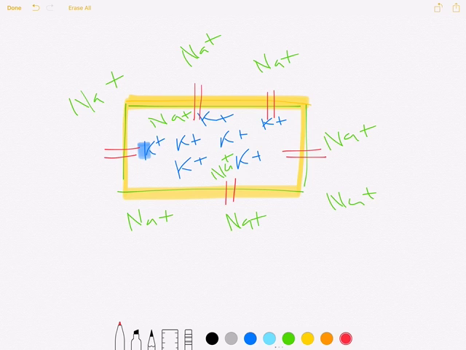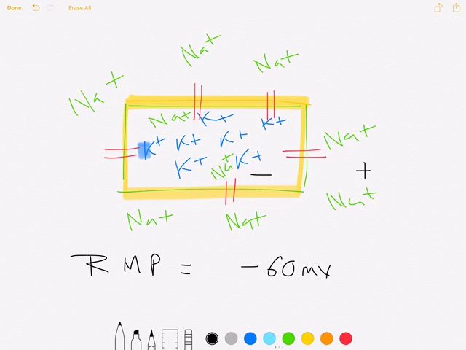At resting stage, the cell is more negative inside. The potential difference across a nerve cell is about minus 60 millivolts at rest. That's called the resting membrane potential. RMP is about minus 60 millivolts, so inside is more negative as compared to outside.